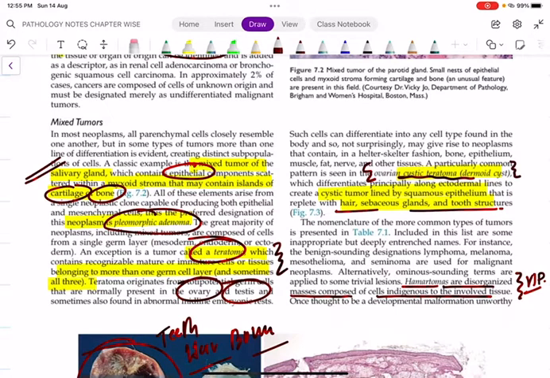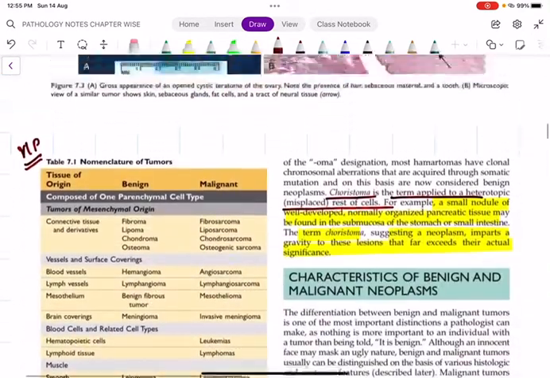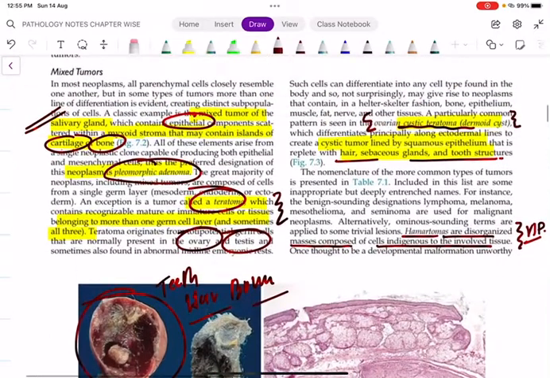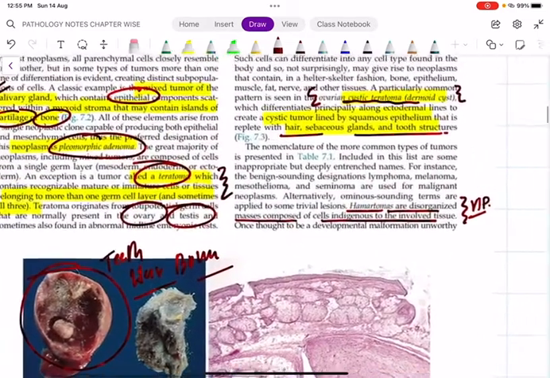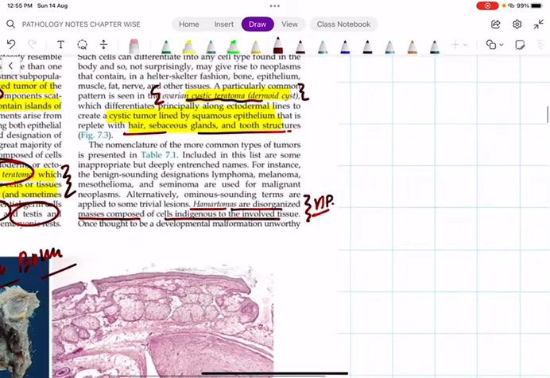Next are two important terminologies you have to learn: one is called hamartoma and the other is called choristoma. What do you mean by hamartoma? Take the lungs, for example. Lungs have alveolar epithelial cells.